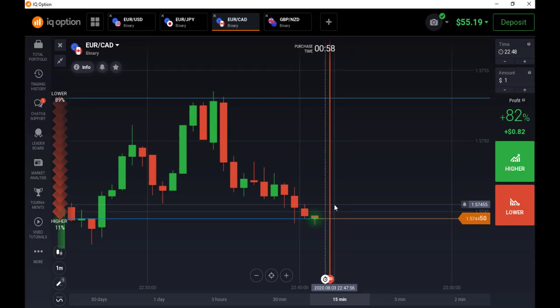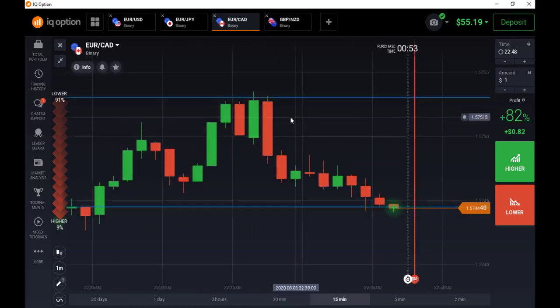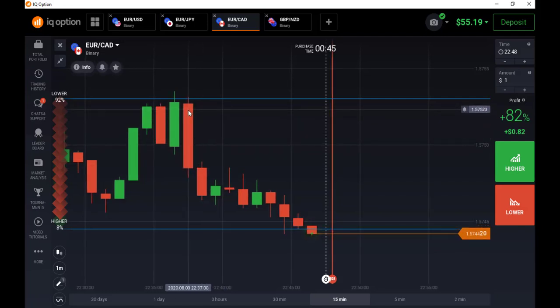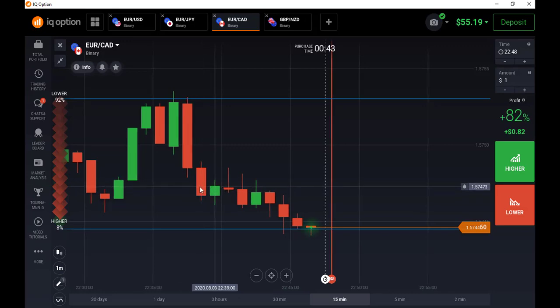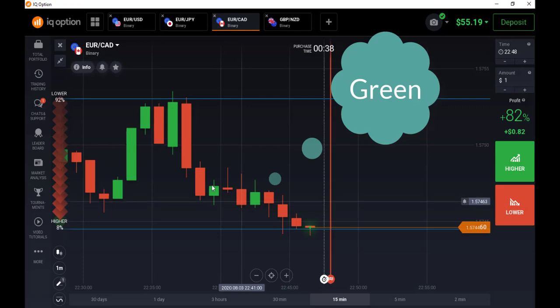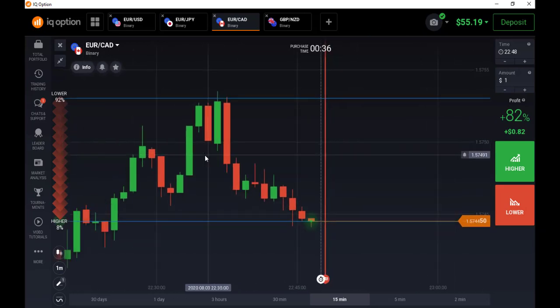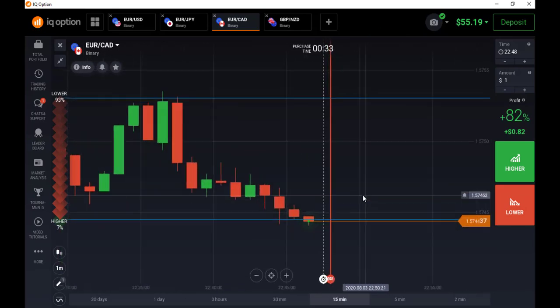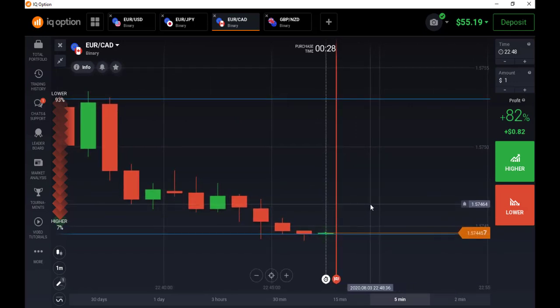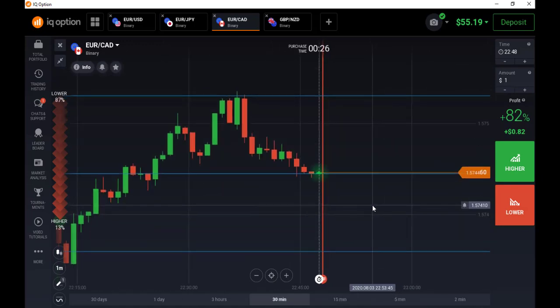See, this is resistance, and after that there's a huge red candle, and that means a downtrend started, and again a downtrend, and after that only two red candles are there. It's almost a downtrend, and I called it, so I traded against the trend. That is the mistake I made. But anyway, I won it. ITM.